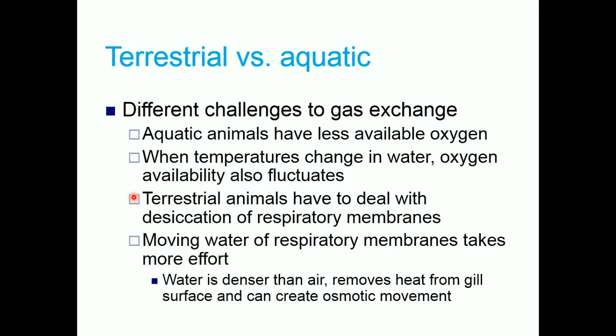So the biggest challenge for terrestrial organisms is desiccation. And this perhaps explains why lungs are so efficient, and also why trachea in insects are so well suited to this desiccating environment.